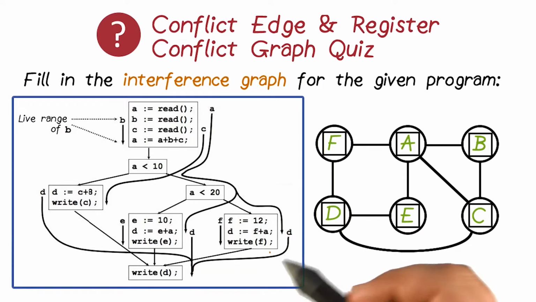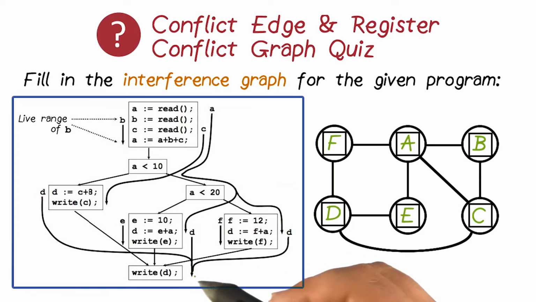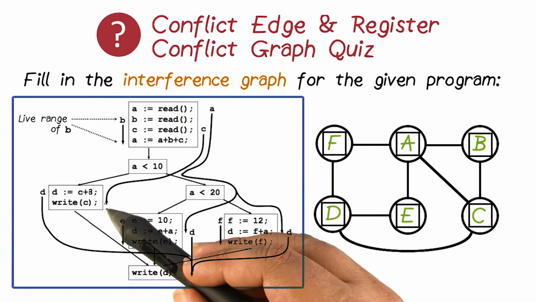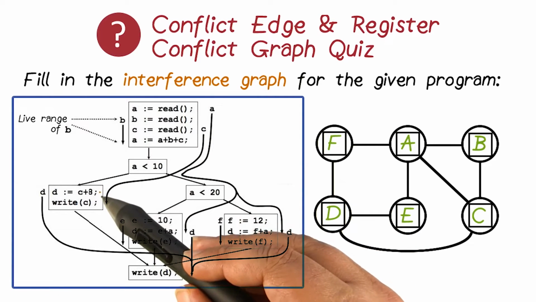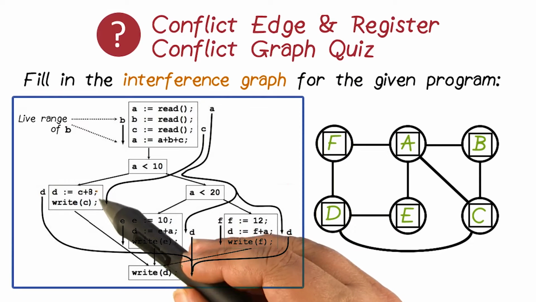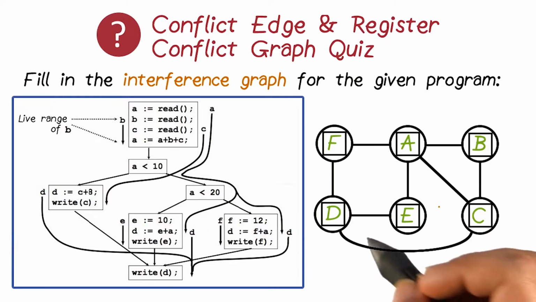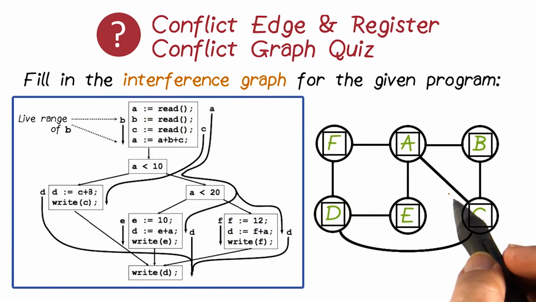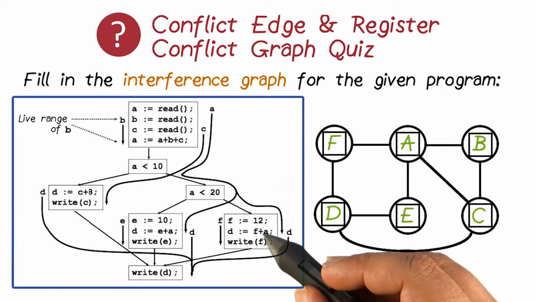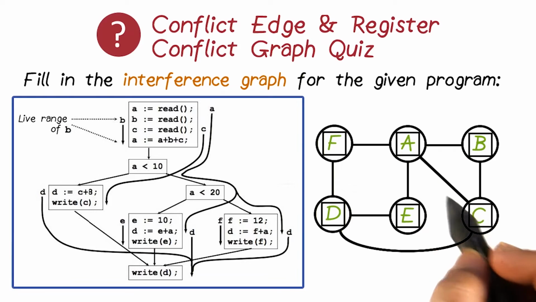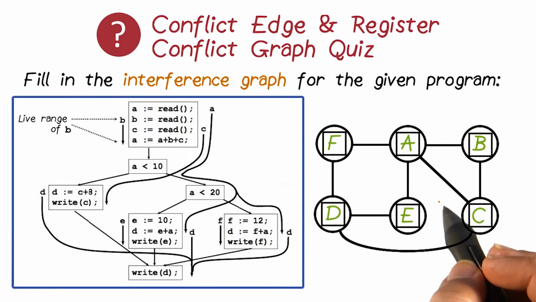This whole thing is one web for D. And then the live range for C is going all the way from here to here. And therefore it is interfering over here between D and C, and therefore we have an edge between D and C here. So please go ahead and verify your answers for the interference graph using these live ranges, and they're overlapping at least one program point. And then correspondingly, you should have an interference edge over here in the interference graph.